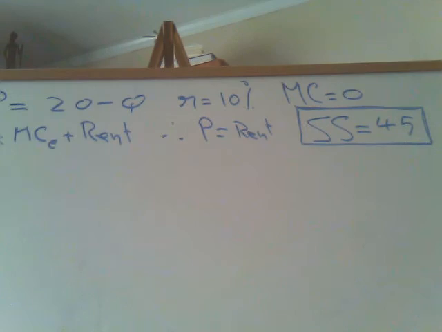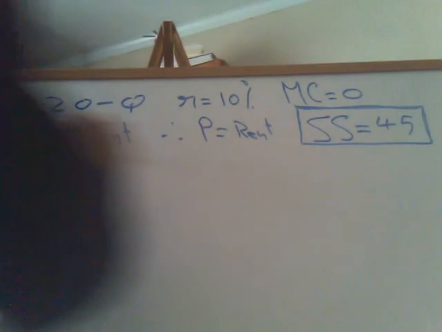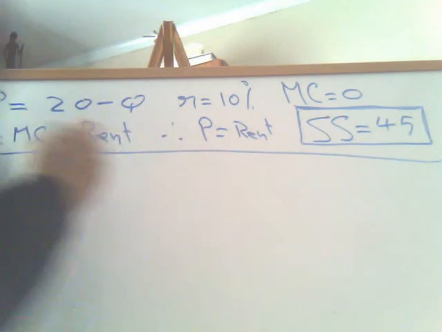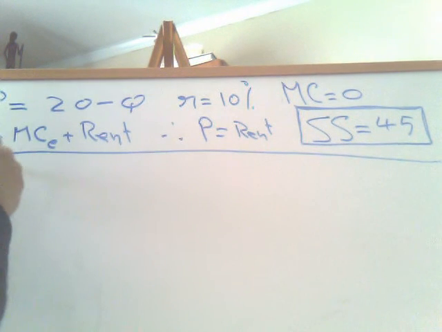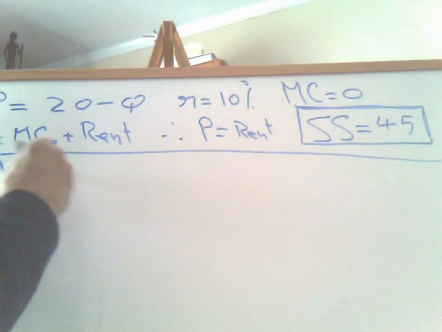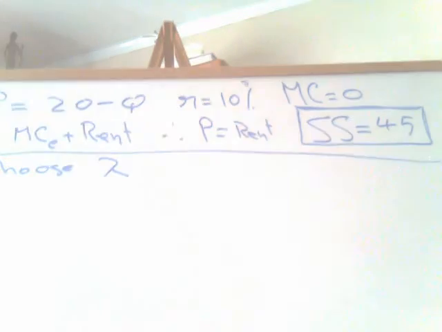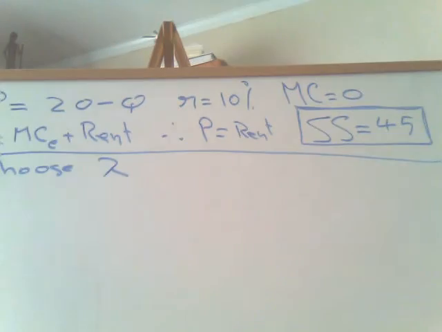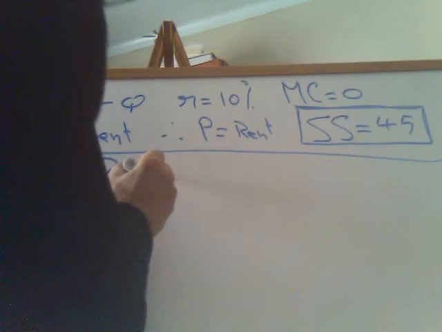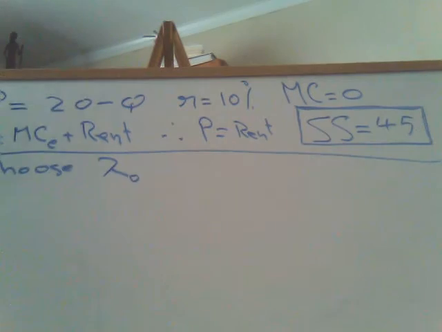So how is it that you're going to proceed from here? You've got to choose a lambda. So that is the number one step. You choose a rent for the initial period. If you want to be more precise, call it lambda sub 0. So what is going to be my starting lambda?